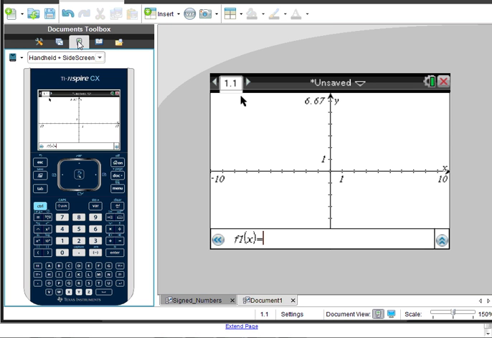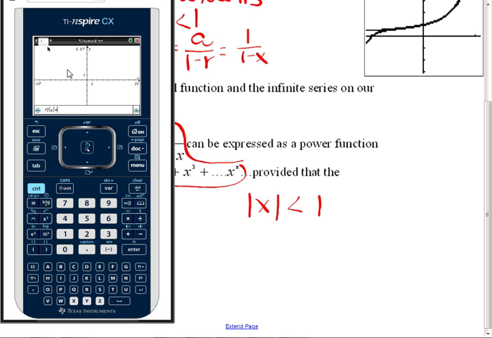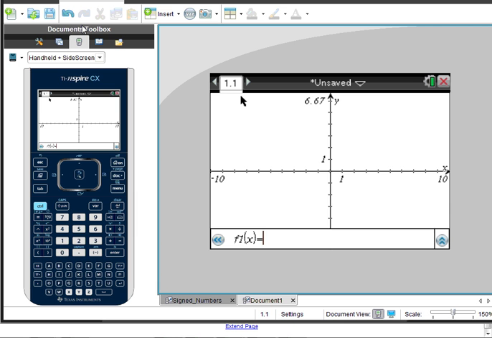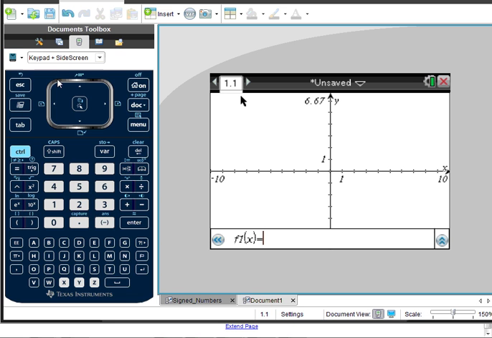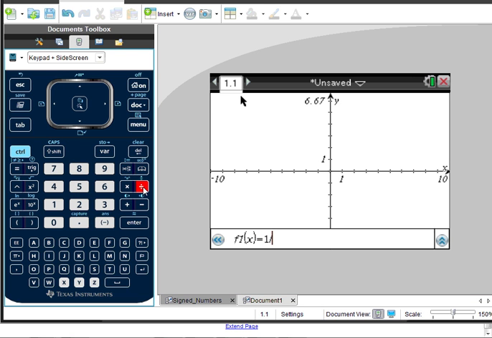And I want to see my handheld over here, but I don't want to see all of that. Sorry. There we go. My mistake. But I don't want to see the screen keypad. There we go. So in y1, I'm going to put in 1 divided by 1 minus x.